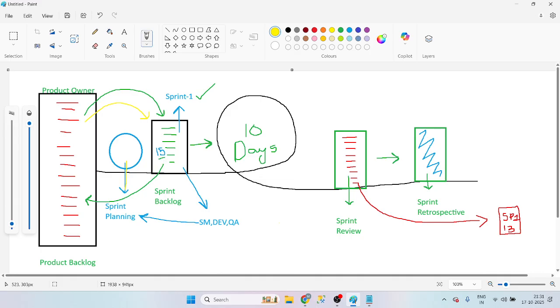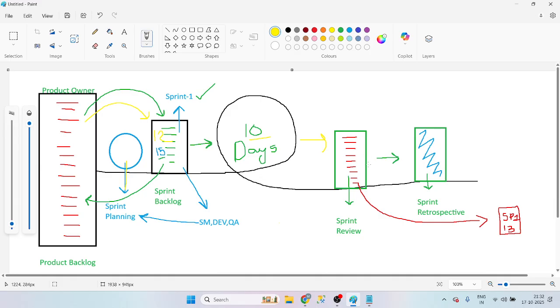In this sprint planning meeting, we have agreed for 12 tickets. With these 12 tickets, we are working in this sprint. After completing this, we are going for sprint review.